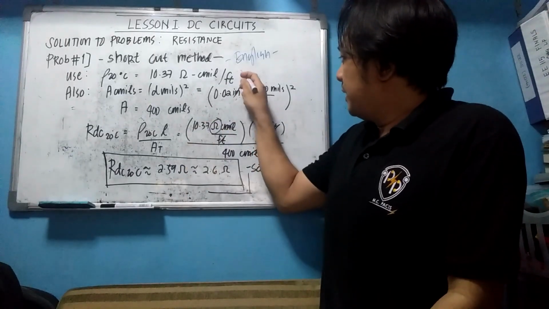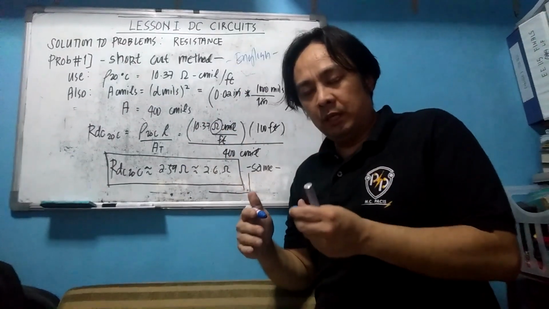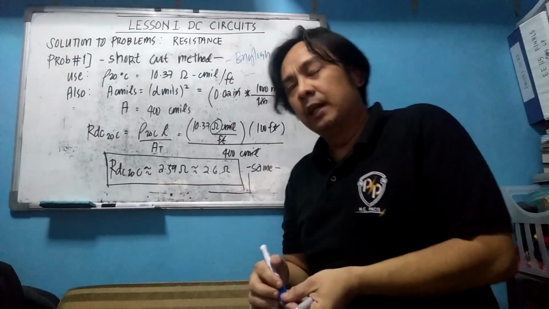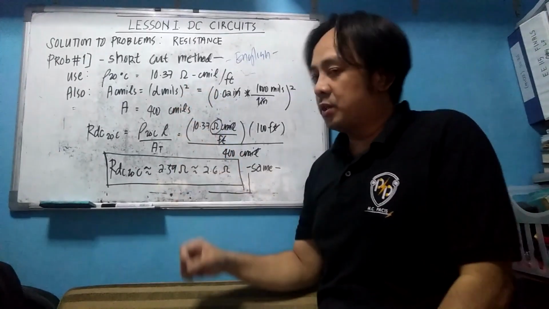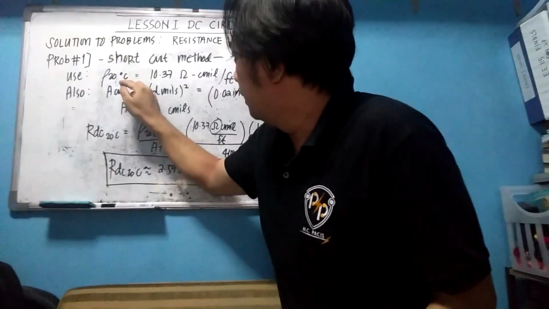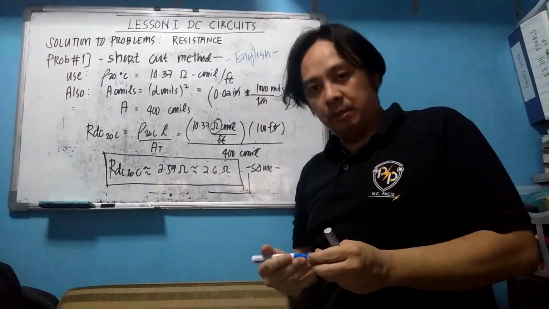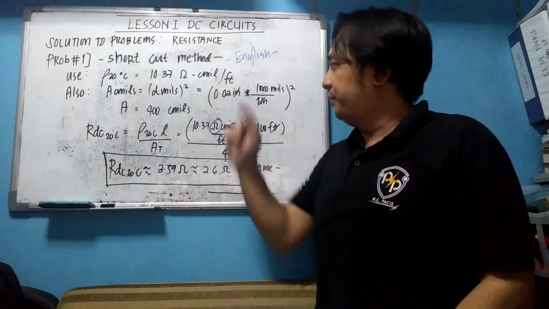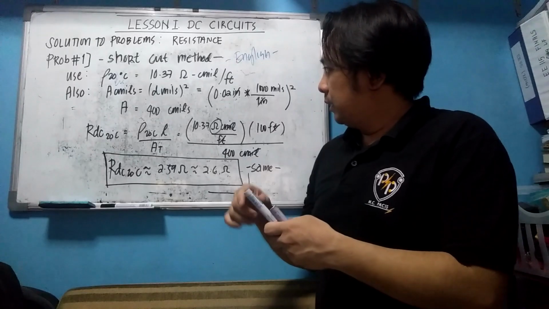In this case, as I have mentioned, you need to memorize the constant we discussed in the basic fundamentals: the resistivity of copper, which is 10.37 ohm circular mil per foot.